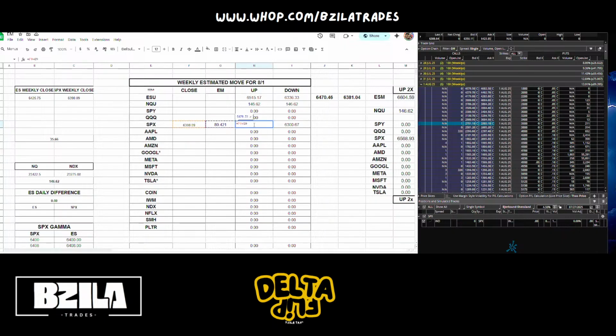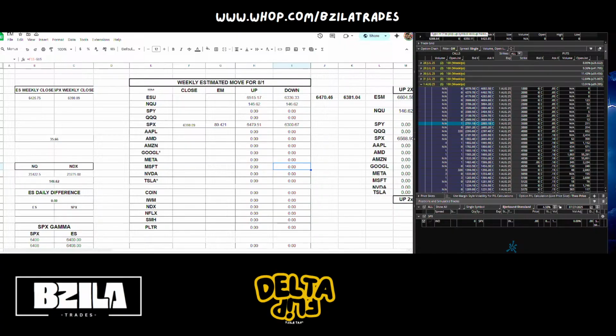Just the close, ups plus the estimated move, downs minus the estimated move. And then ES, this one's already going to be adding in. So ES is 35.66 points above SPX.